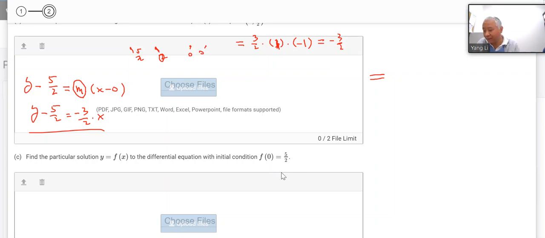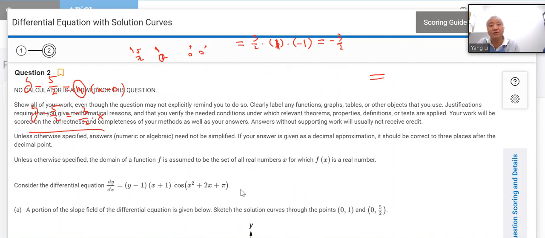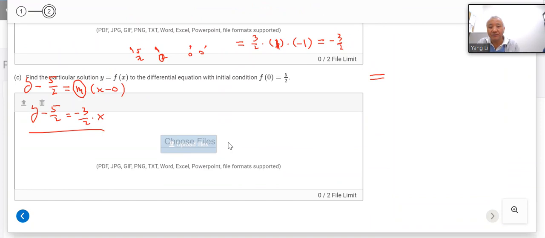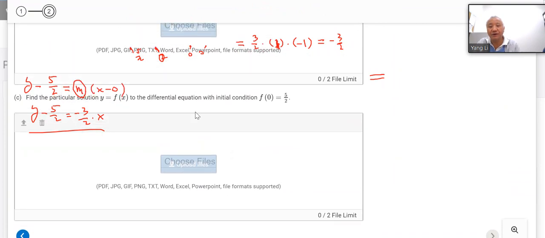So this time, first thing first, we need to copy the given differential equation here first. Let's do this now. I'm just going to copy this part first, so make sure we have enough space to do this, all right? Now, here.